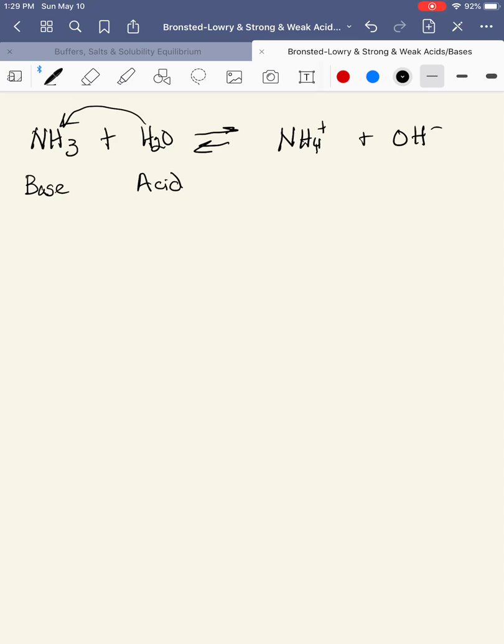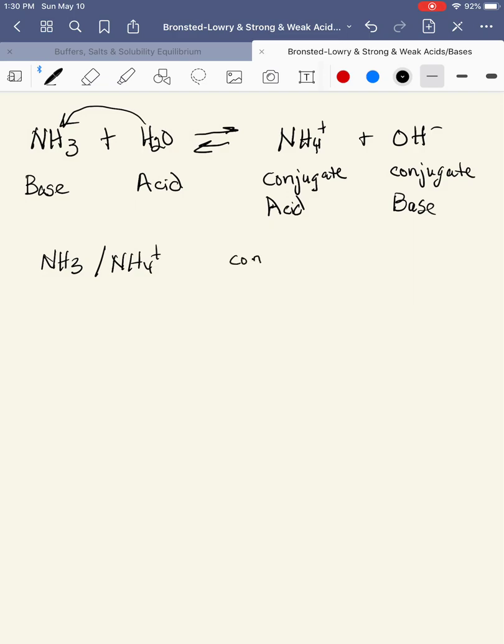Okay, well, NH3 becomes NH4 plus, and NH3 is the base, therefore NH4 plus would be the conjugate acid, and OH minus then would be the conjugate base. So NH3 and NH4 plus are a conjugate acid-base pair.